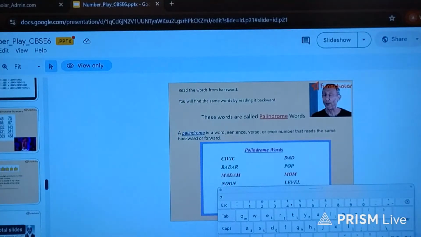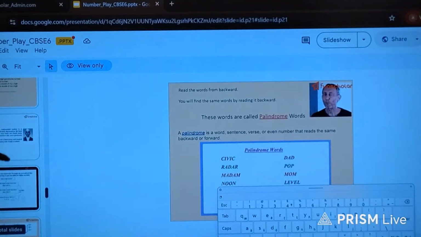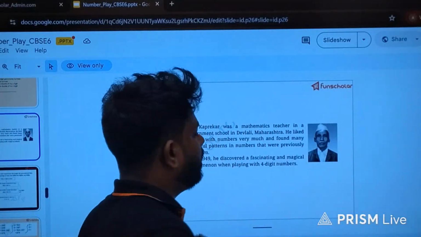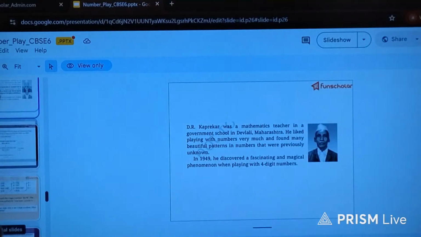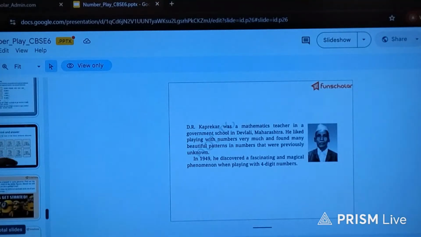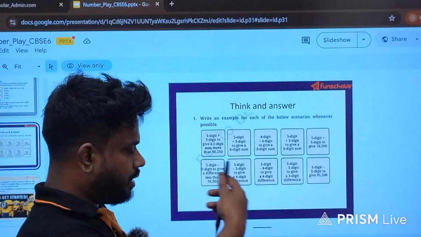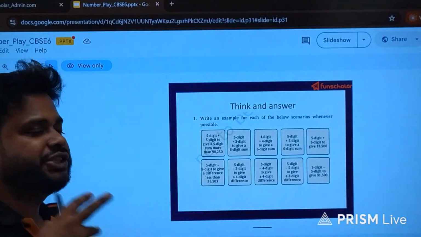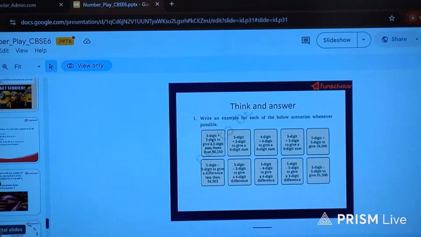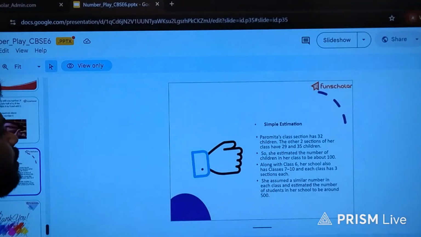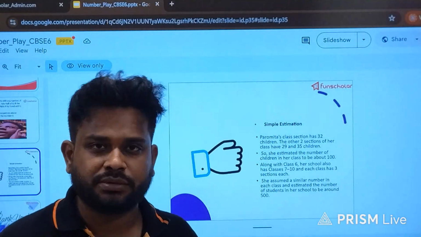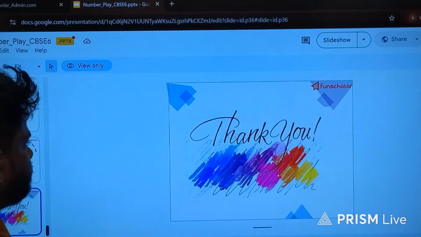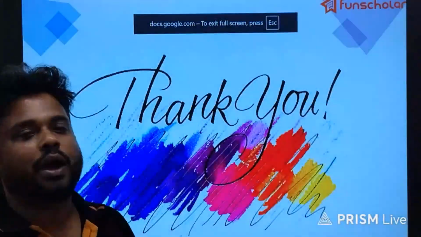Then we learned about the Kaprekar number as well. After that, we solved some questions related to the digit sum. Then we learned what simple estimation means, and last comes the final countdown of the chapter.